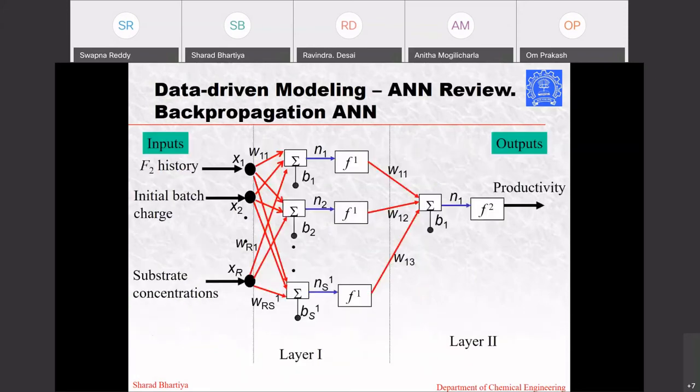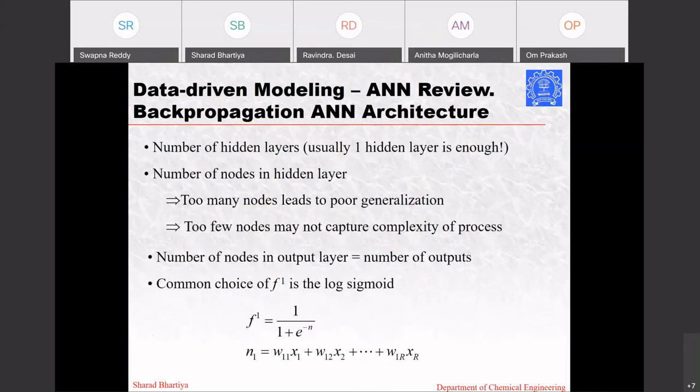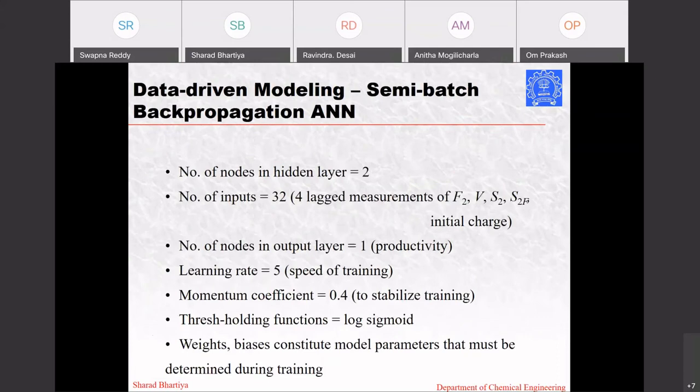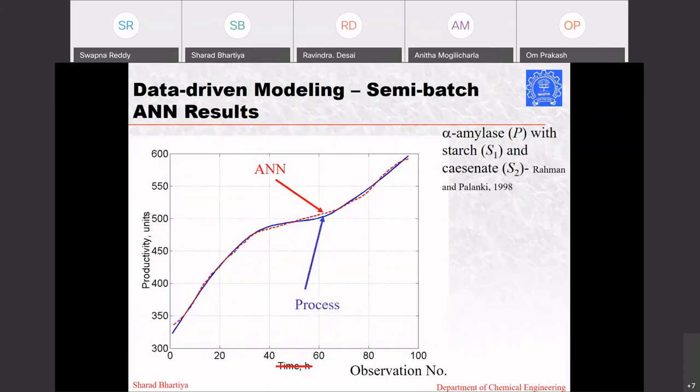Let me talk to you about one more neural network. These are again the same semi-batch. I was trying to show that this is an ANN, the red line, and the blue line is the process, and it works for that input-output relationship.